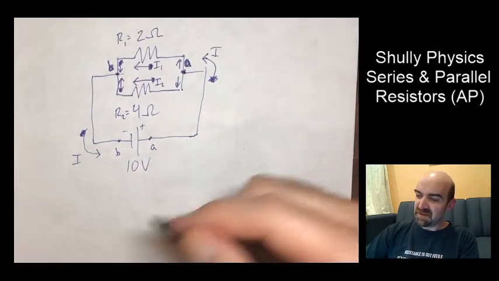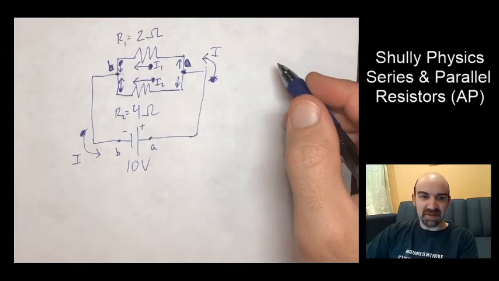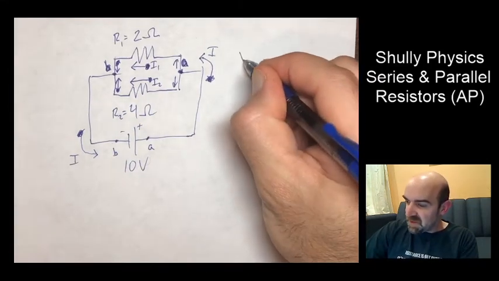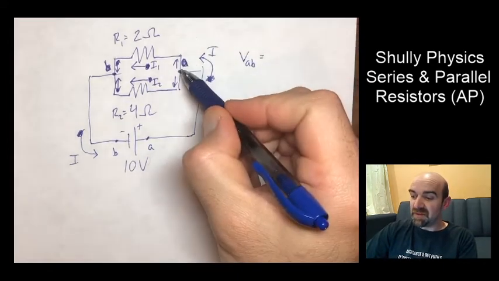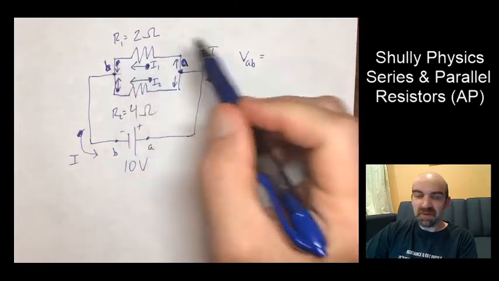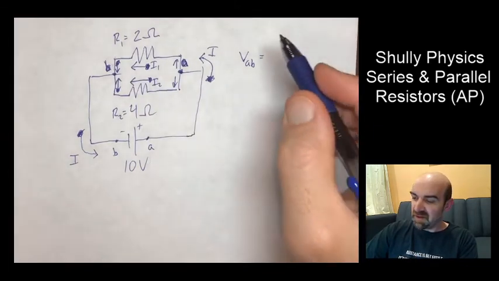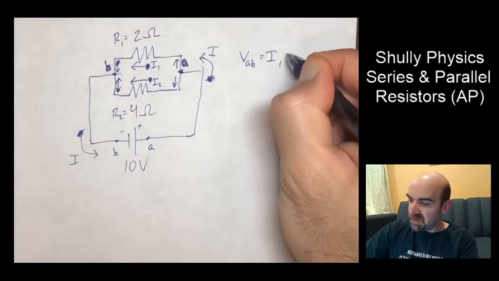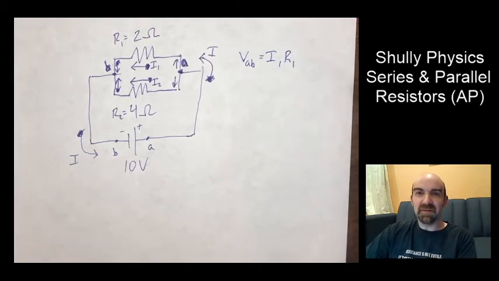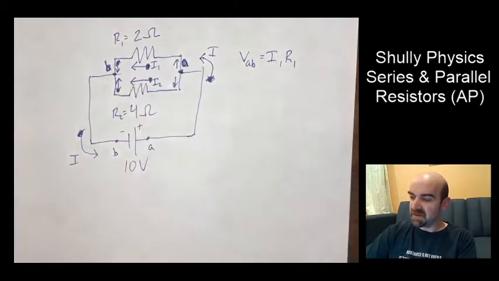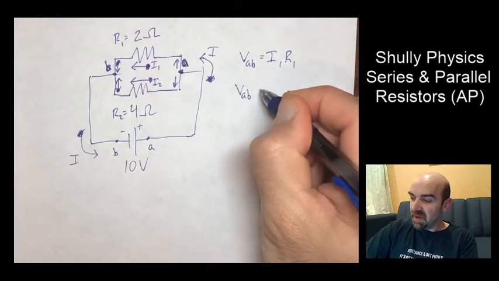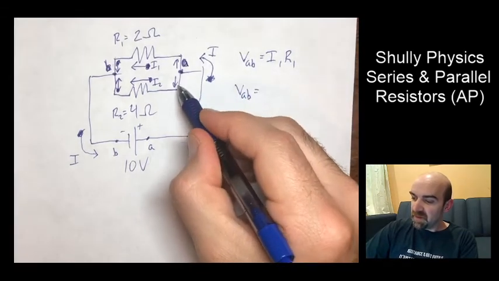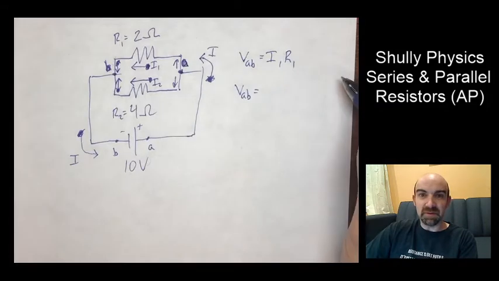Okay, so let's go back to the potentials, like I said. VAB is the potential difference across R1. So we're going to have I1 R1. That's for that top branch there, right? But we also have VAB being the potential difference across this resistor too.